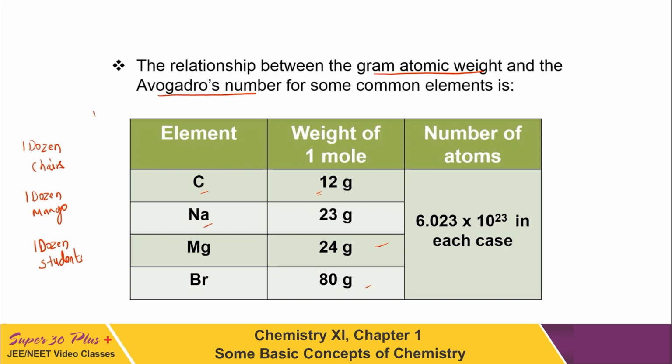But what about the number of contents? It is 12 here, 12 here, and 12 here. So whatever the species you are talking about, in 1 dozen the number will be equal to 12. Similarly, whatever the mass of 1 mole of any substance or element, the number will be the same: 6 into 10 to the power 23.